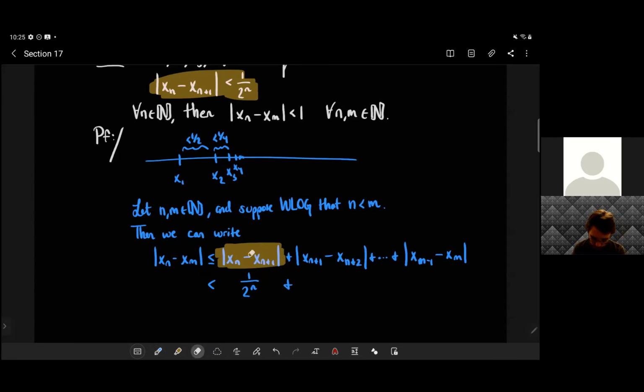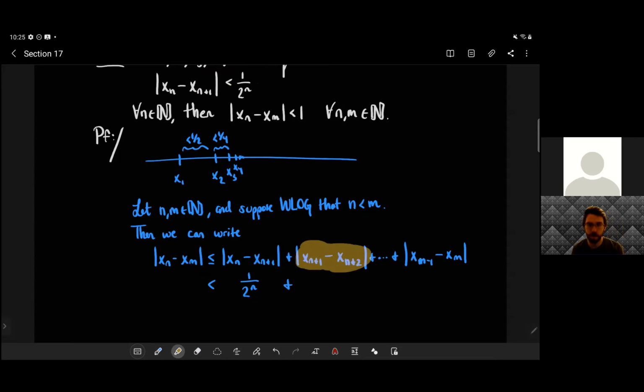And how about the next term? n plus 1 and n minus 1. Same story. I just have to replace n with n plus 1 here. So this would be less than 1 over 2 to the n plus 1, dot, dot, dot.